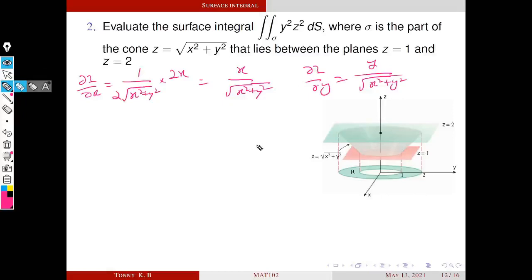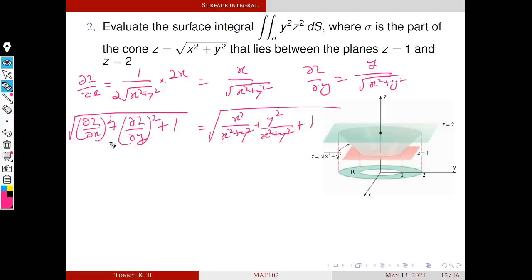Then next we have to compute the square root of dou z by dou x whole square plus dou z by dou y whole square plus 1. That is equal to the square of this term, x square by x square plus y square, plus the square of this term, y square by x square plus y square, plus 1.